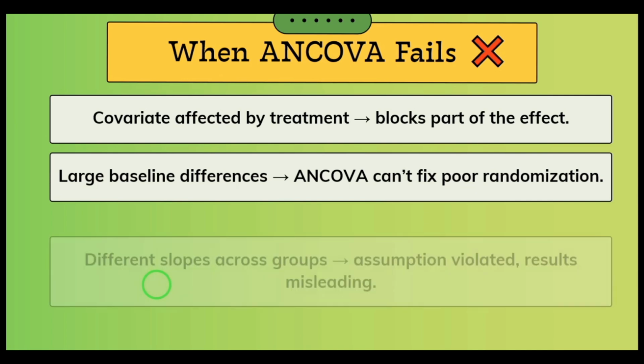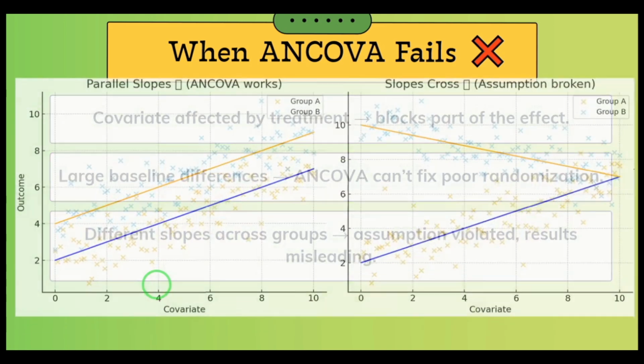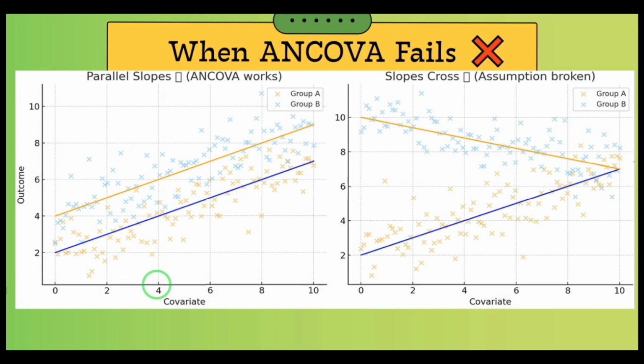Another condition is when regression slopes differ across groups, as we talked about in the previous slide. This is the homogeneity of regression slopes assumption again. If the relationship between the covariate and the outcome is different for each group, then the adjustment becomes misleading. Here is what I mean by the homogeneity of regression slopes.